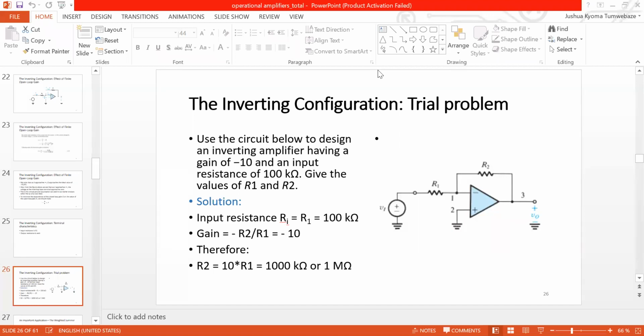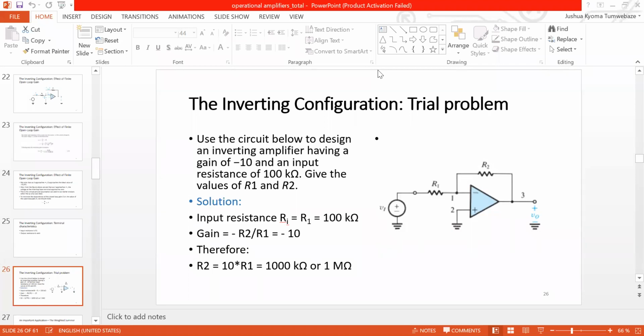According to the characteristic, an ideal op-amp doesn't draw any current, and I'm just going to write the expression for Ohm's law. Since impedance is related to resistance as V over I, if it doesn't draw any current and the current is zero, then the voltage over zero means that it is an infinite figure. Therefore, we expect the resistance to be infinite.